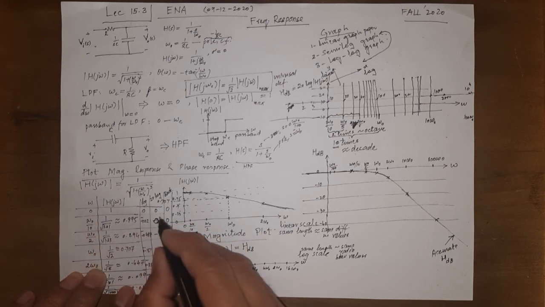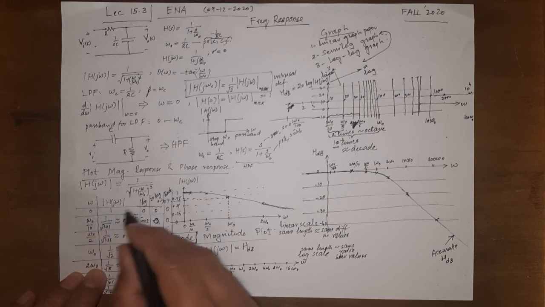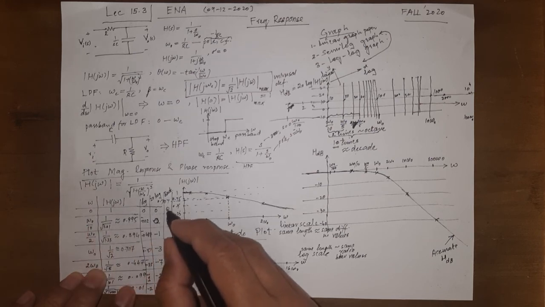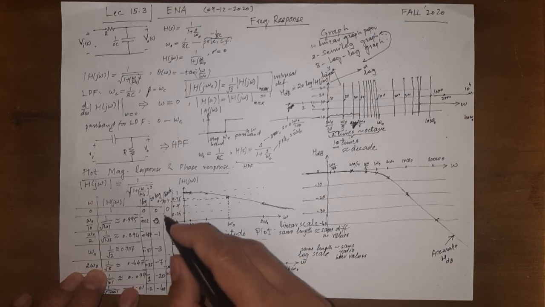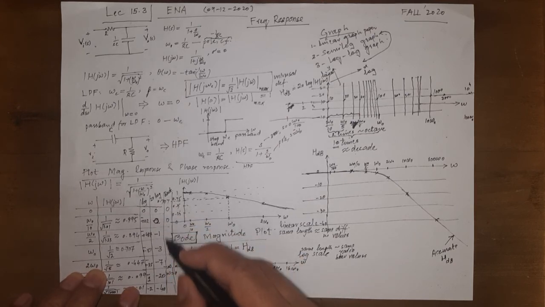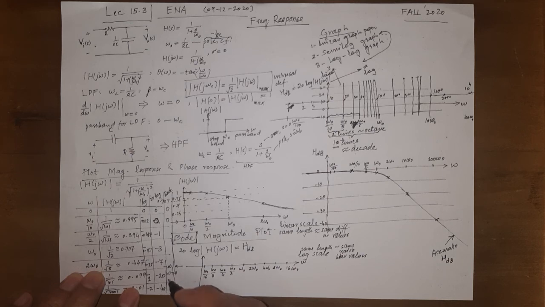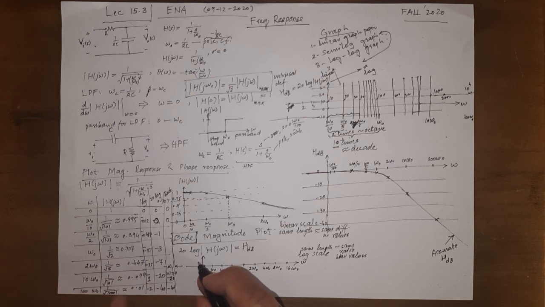For omega naught by 100, it would be 0. Omega naught by 100,000, it would be 0. So let us approximate all these values to 0. And for very small values, it is 0. And for very large values, you can see that we have developed this straight line equation. So for 10 times omega naught, it is minus 20. For 100 times omega naught, it is minus 40.